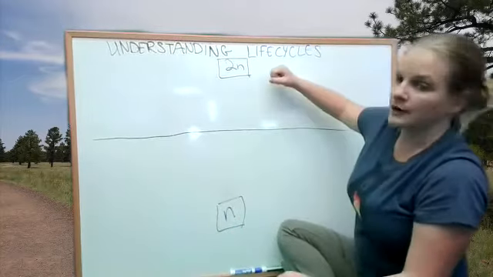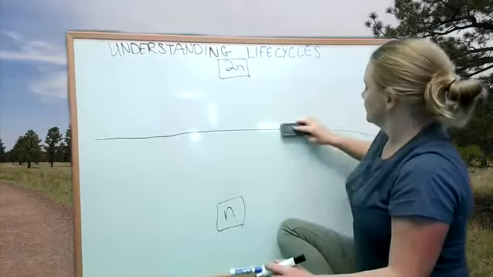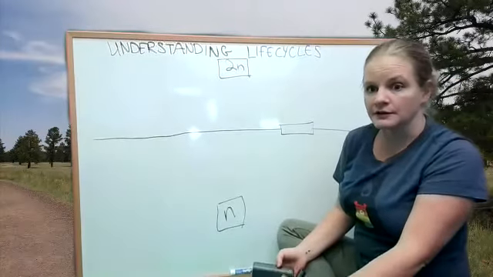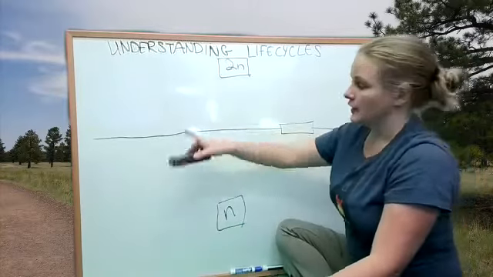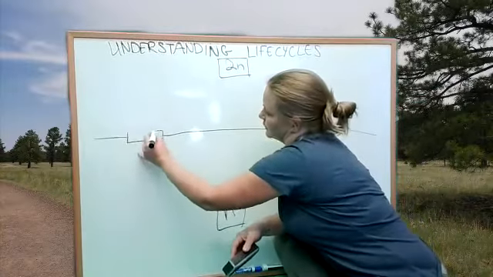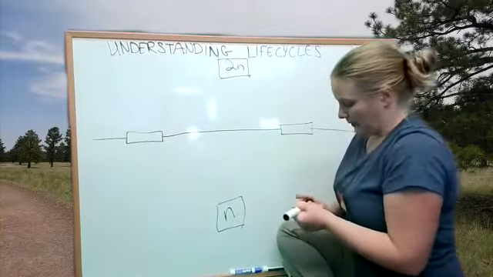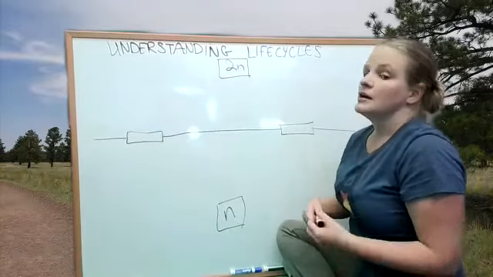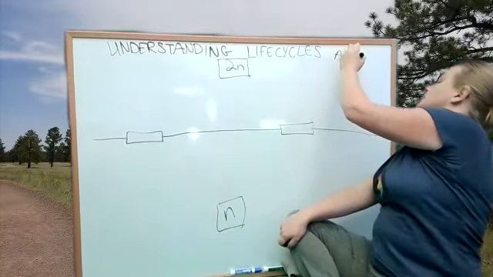In order to get from the diploid side to the haploid side, we have to go through a gate by doing some kind of cellular process. The same is true going from the haploid side to the diploid side, so we need another gate over here that will let us back into the diploid side. That's true of all the organisms. We're going to start talking about animals, which I'm going to write over here.